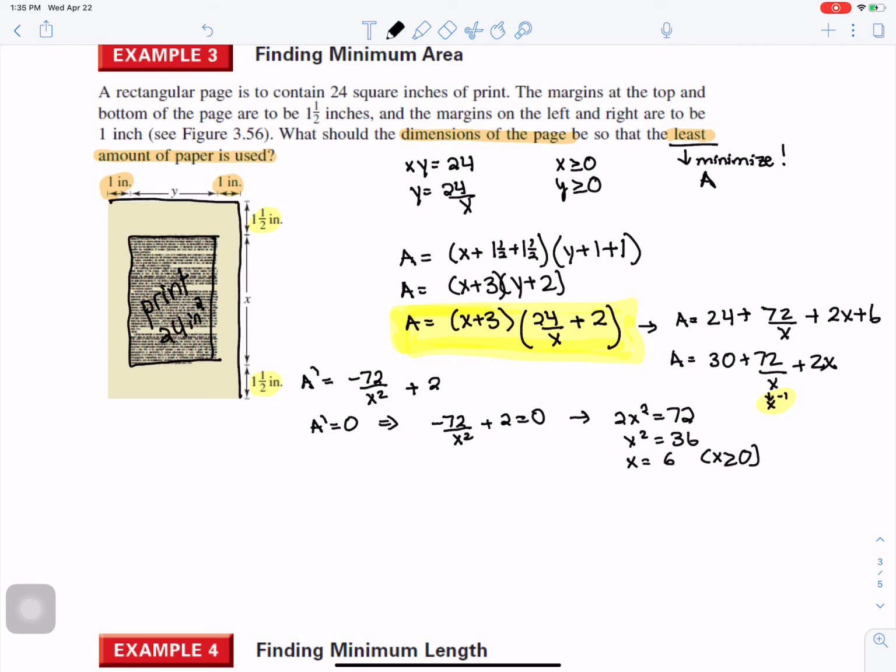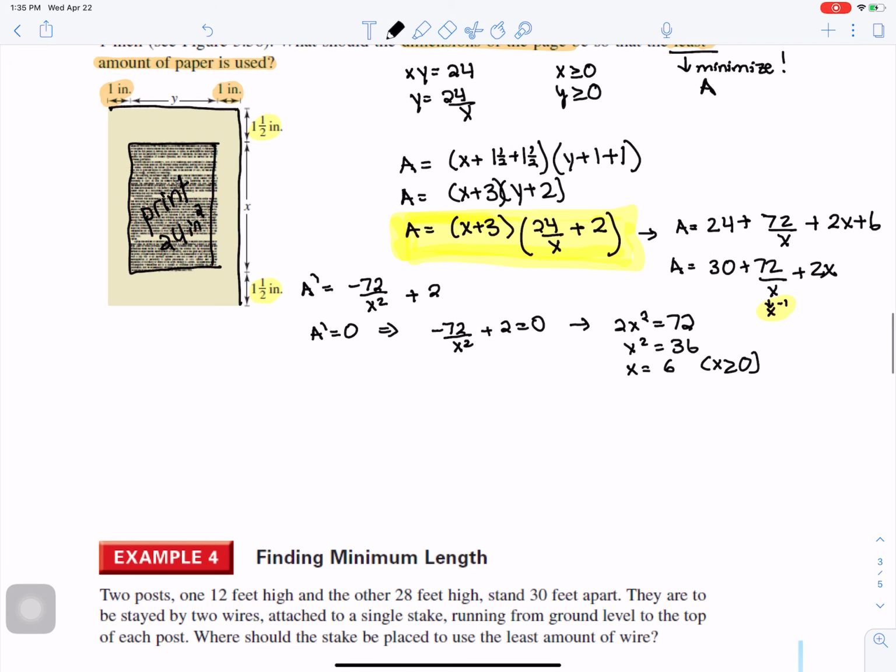So now I'm going to do my number line. I'm going to make sure that nothing is considered before 0 because that's not really possible. 6 is my critical point and I don't have an upper bound, so I'm checking the signs in my area derivative, and then I'm going to say something about the original function.